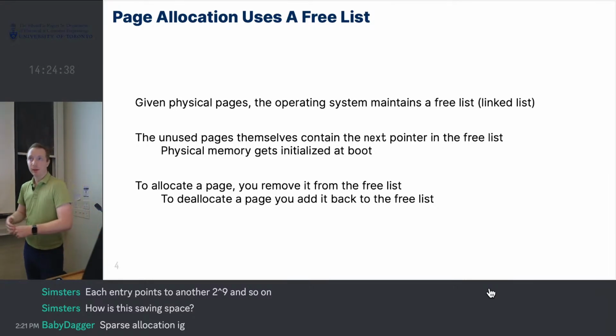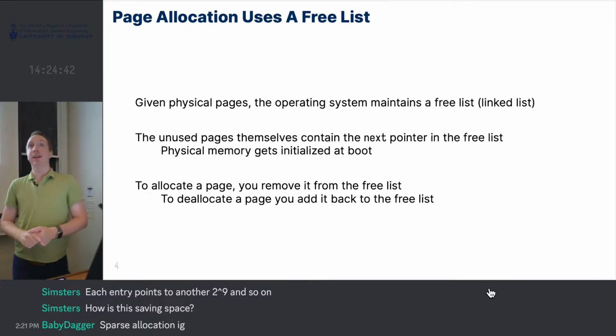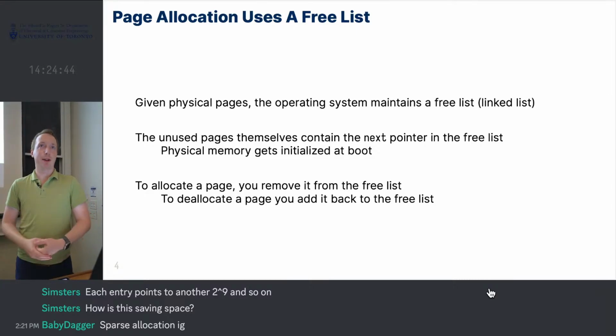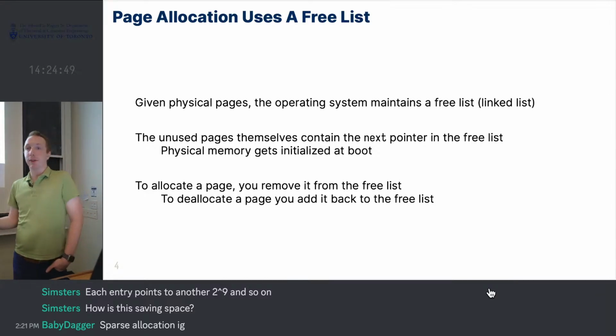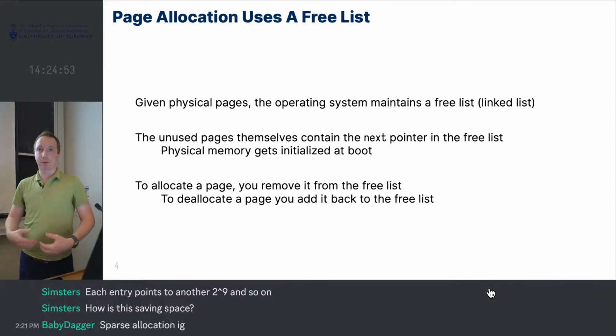So the reason why it does this too is page allocation. If you have fixed size blocks of memory or pages, writing a memory allocator is dead simple. It's just a linked list. Whenever your computer boots up, the kernel can just divide all the memory into pages so that everything is nice and aligned and starts at address 0.